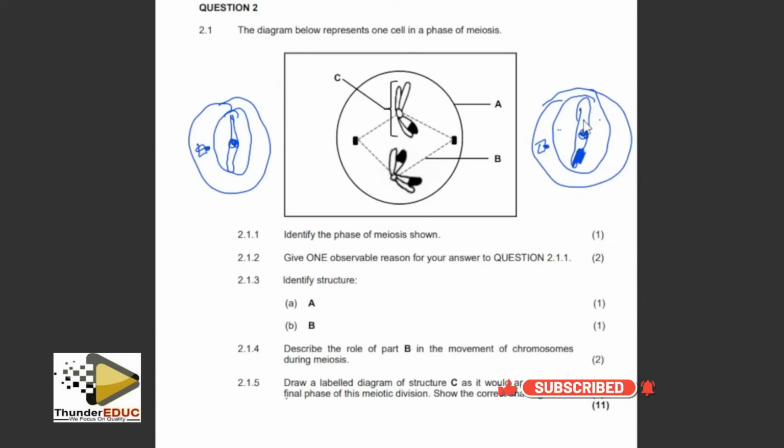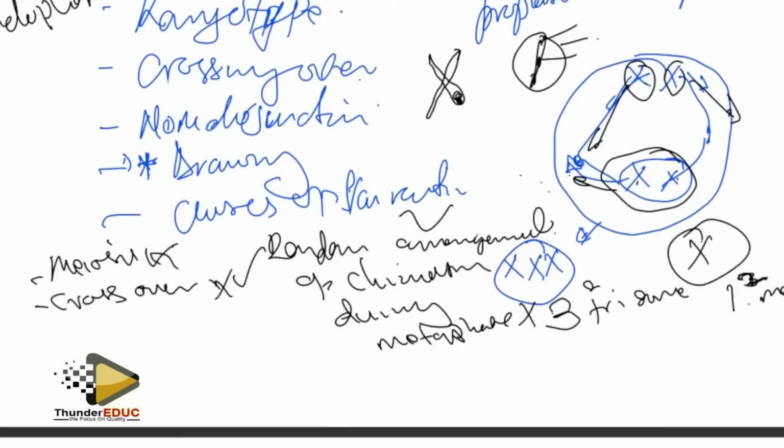Then after that, please give a title and then you label cell membrane, nuclear membrane. Now, you can talk about centromere, and this is not a chromatid. This is a chromosome. The chromosome I talked about, these are called unreplicated chromosomes.